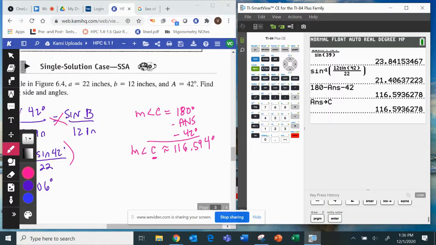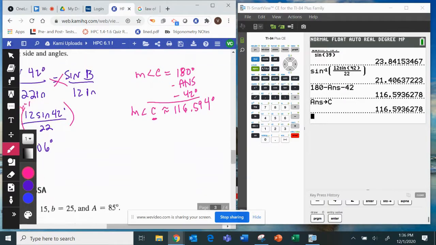So what do we want to do? We want to solve for, what are we solving for? Angle C. So we'll do sine 42 degrees over 22 is equal to the sine of angle C, which I just stored, over little c. And cross multiply that.